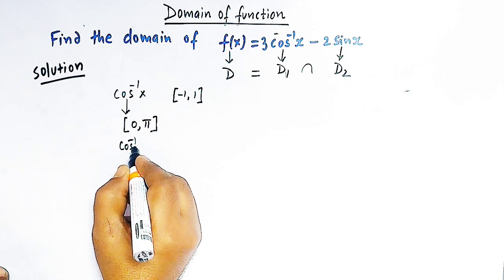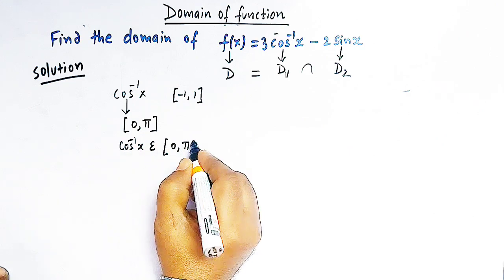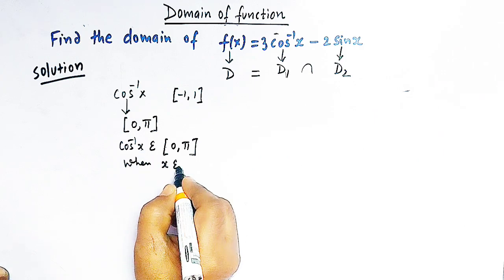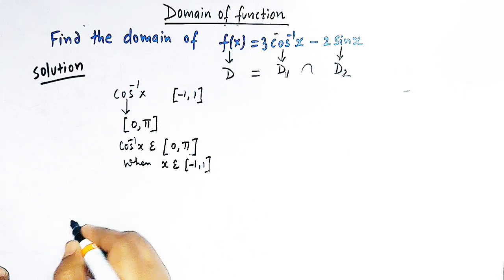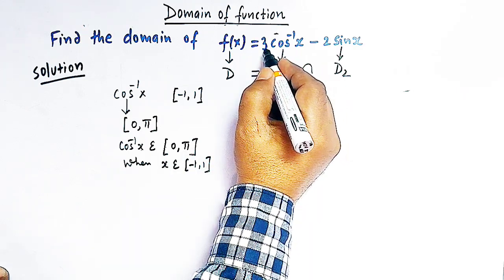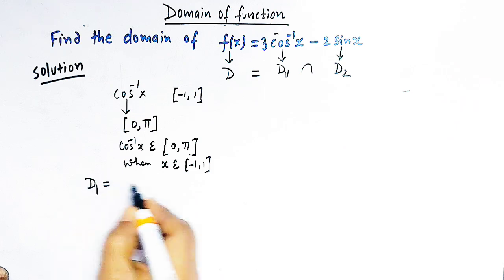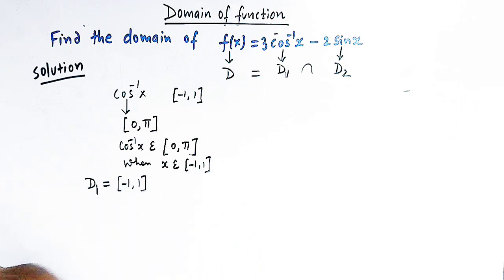So cos inverse x belongs to this interval, 0 to pi, when x belongs to this interval, -1 to 1, right? So the domain of 3 times cos inverse x is given by this interval, that is -1 to 1, right?